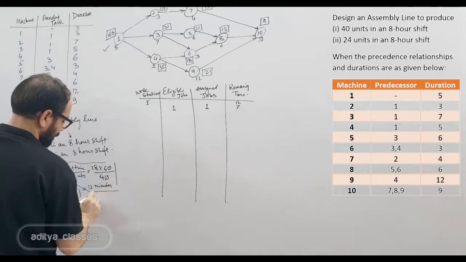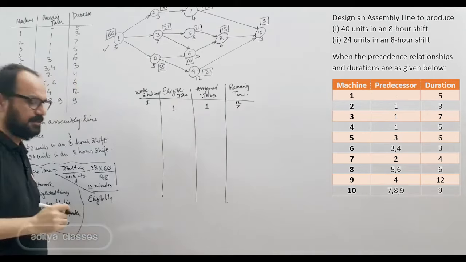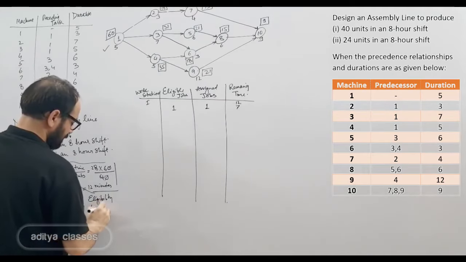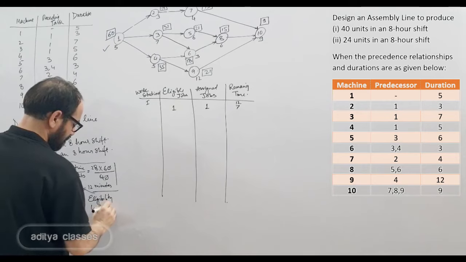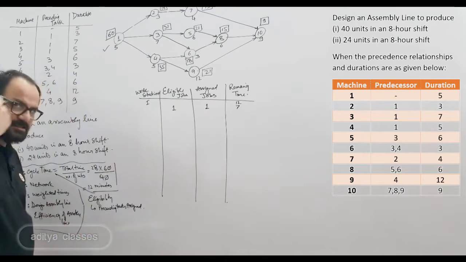Now what is the criteria for eligibility? Who will be the eligible jobs? There are 2 criteria if you have seen in other videos. First is preceding tasks should be assigned.